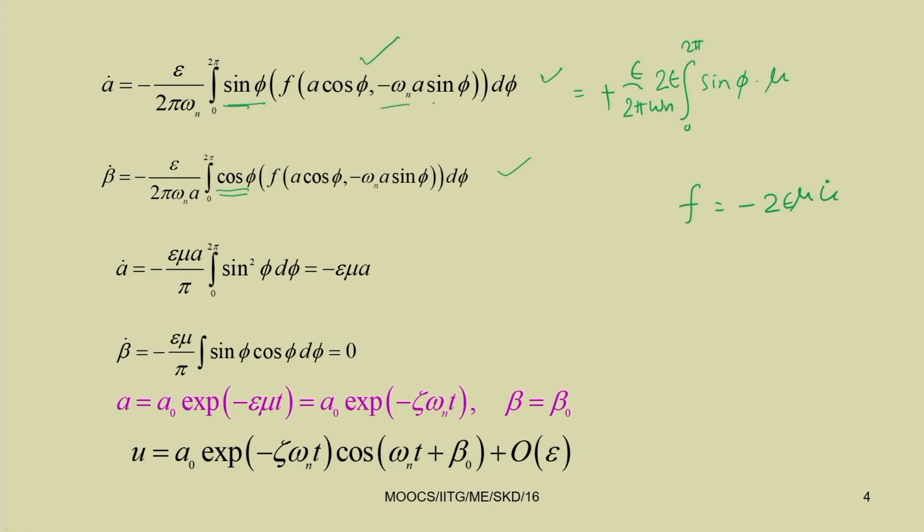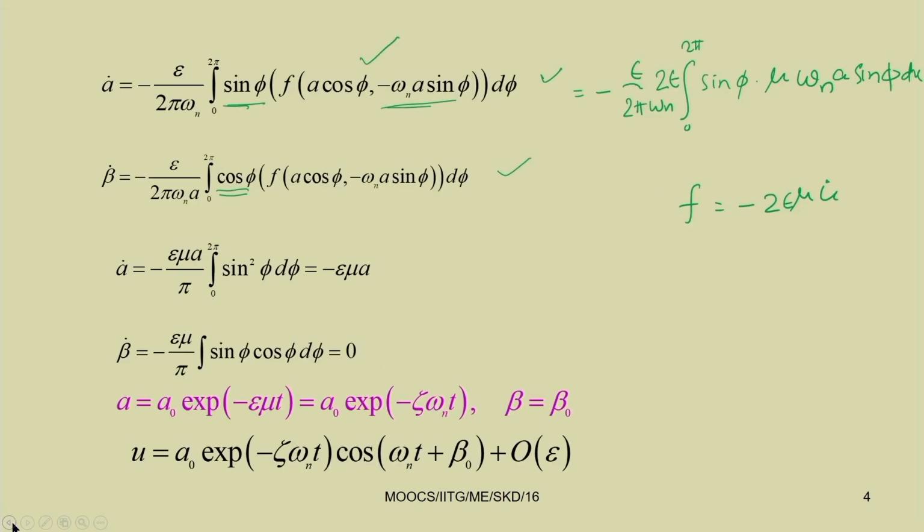So, for u dot we have to substitute, and this again is a plus from the multiplication of minus, so this becomes minus omega n A sin phi, times sin phi d phi.